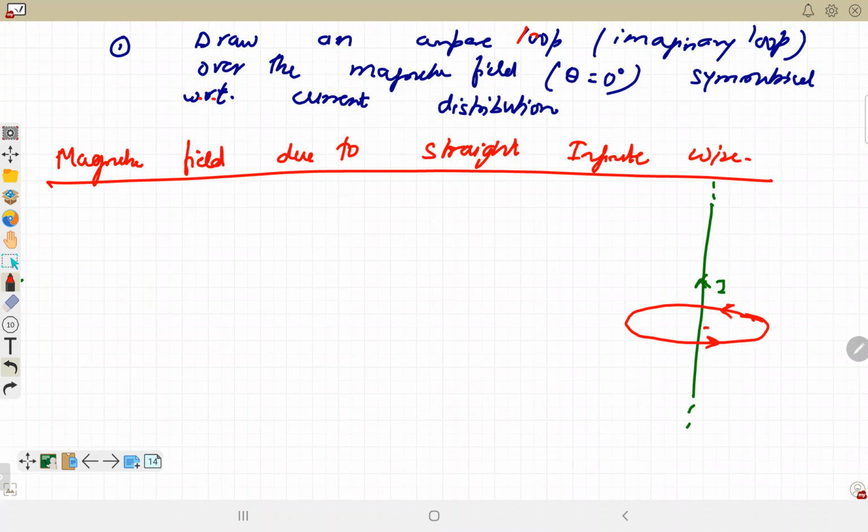Since we know at distance r from a point, if we want to find the magnetic field, first we should know the shape of the magnetic field, and then we integrate this over the length vector.